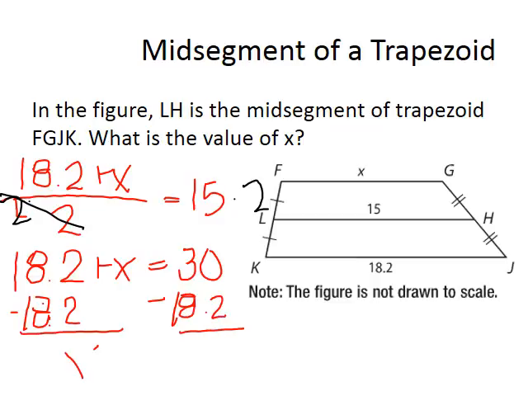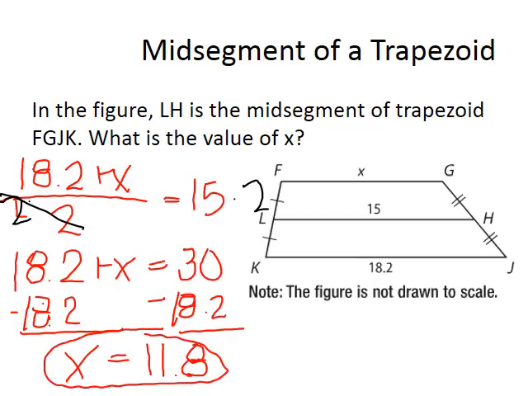And x, our missing base, is going to be 11.8. We weren't given any units, so we can just leave it at that. 11.8 is the length of the missing base of the trapezoid. And that's using the mid-segment theorem. That's the other application besides the one I showed you in the last slide.